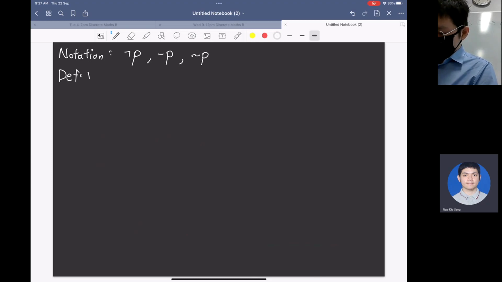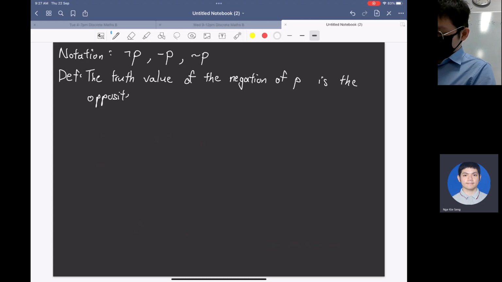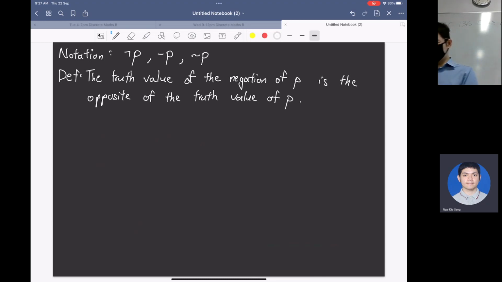Definition. Since not P is a proposition, we can ask about its truth value. The truth value of the negation of P is the opposite of the truth value of P. Why is this true?